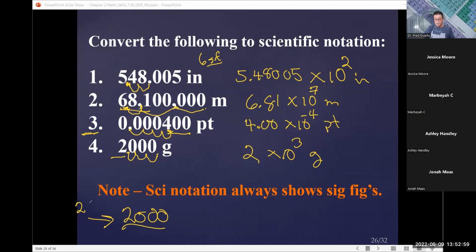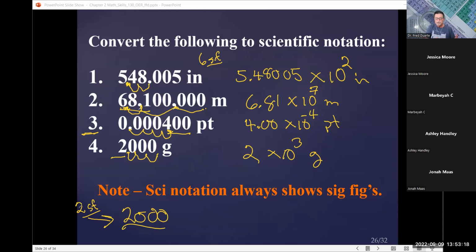You multiplied or divided some numbers, and you ended up with 2000. And then the number with the least sig figs had 2 sig figs. So you have to present your number 2000 in 2 sig figs.